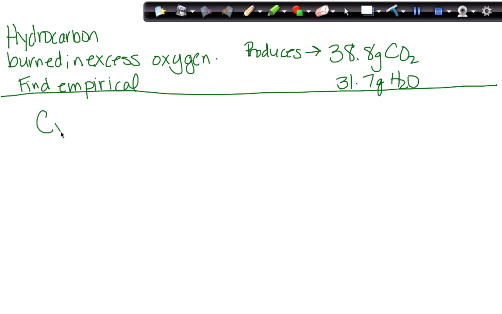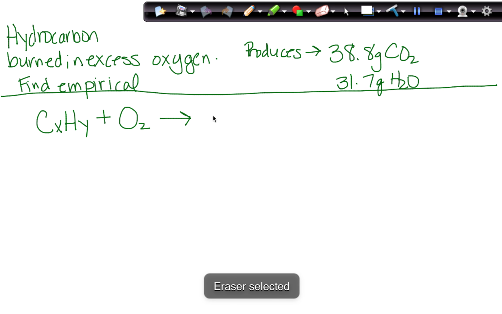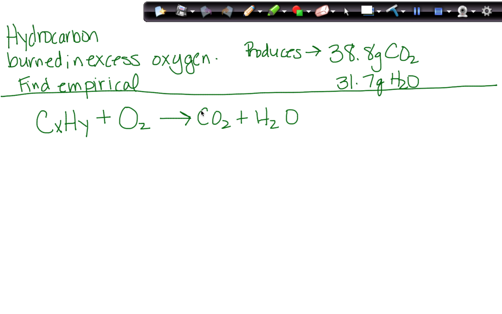We remember that if it's a hydrocarbon, it's only C's and H's. If it's burned in excess oxygen, it's combined with some amount of O2, and the two products, sorry about the bell, the two products are CO2 and H2O. Now we know the number of grams of CO2 and we know the number of grams of H2O.